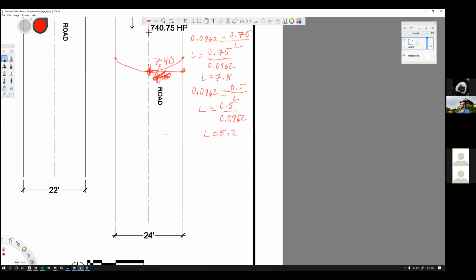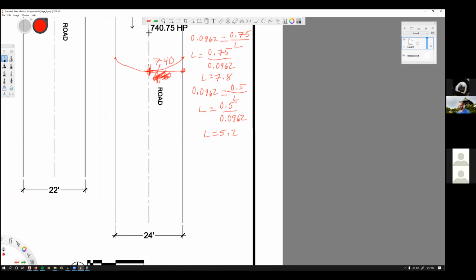It would actually just be double that number, because it would be the same slope, and the difference in elevation we're looking for would be 1. So you're just doubling the answer.